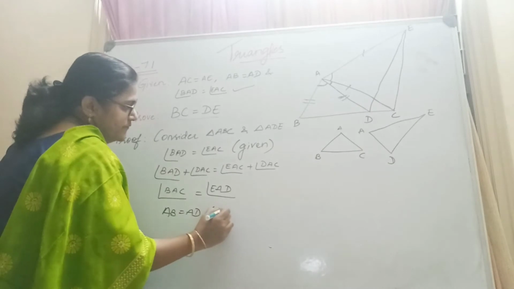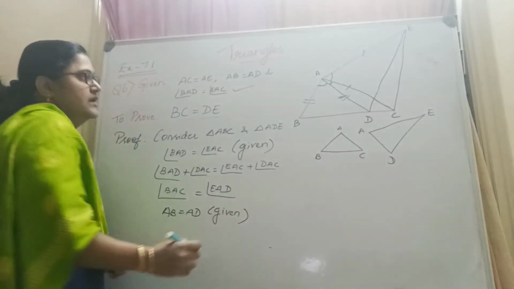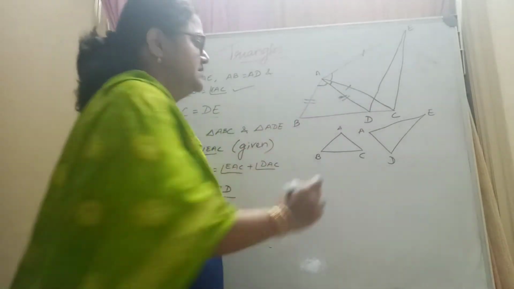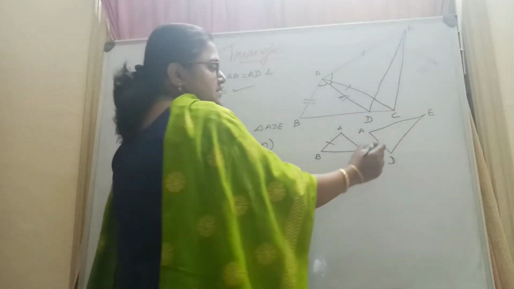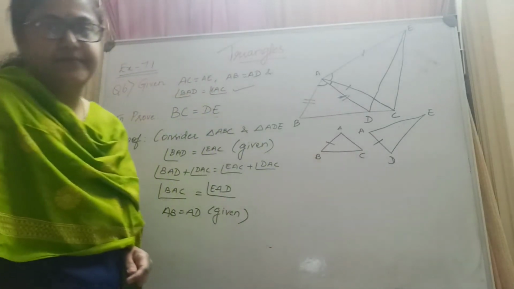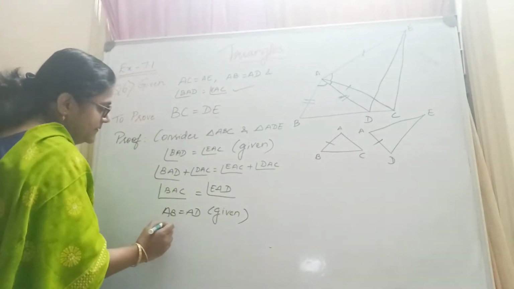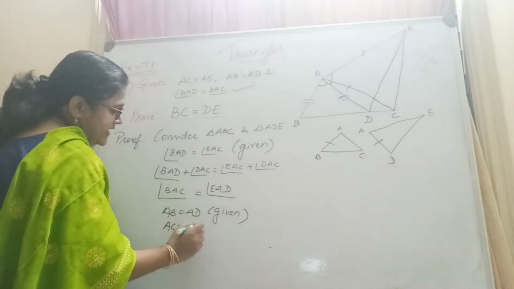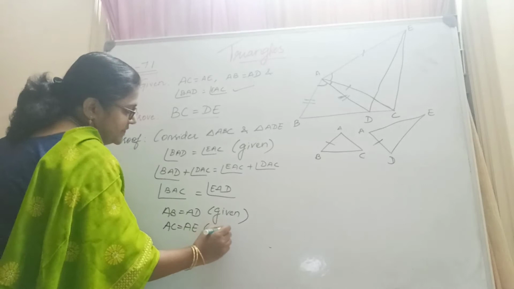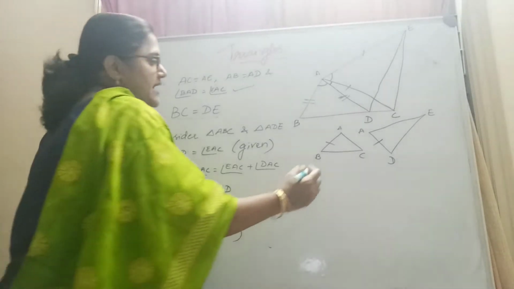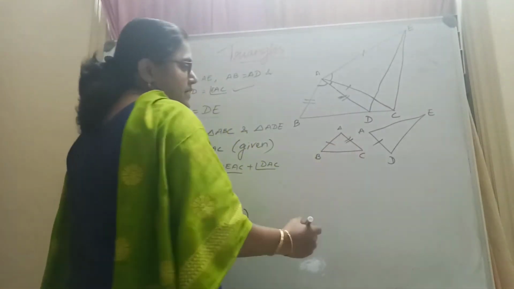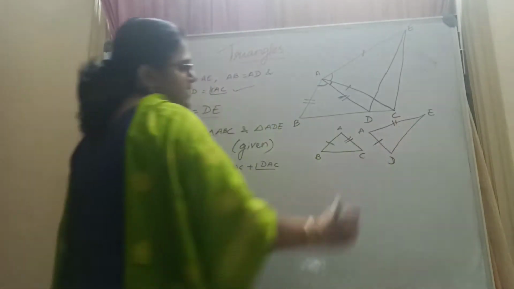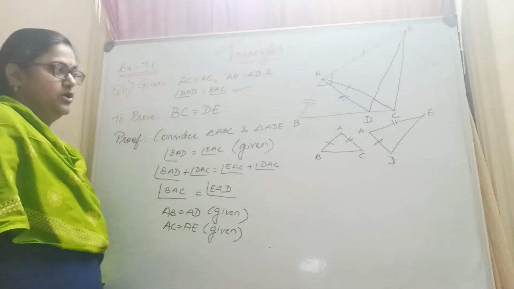This is given. Side AB from triangle ABC is equal to side AD in this triangle. It is given. And then side AC is equal to side AE. That is also given. Side AC from this triangle is equal to side AE from this triangle.